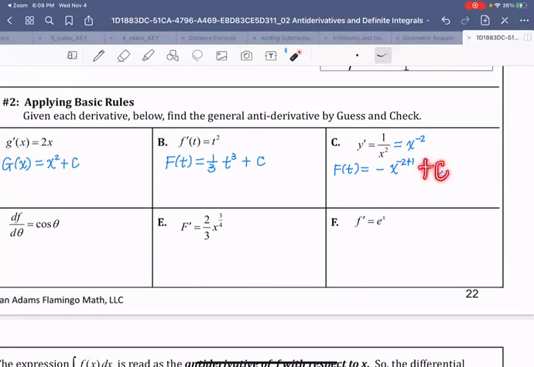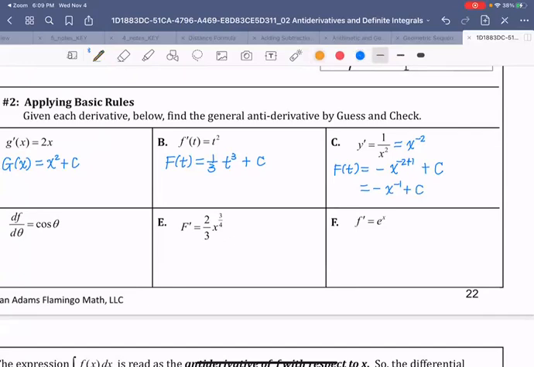She argued, but please, without C and with C has really different meaning, so we cannot skip the C. So this is negative x to the power -1 plus C.